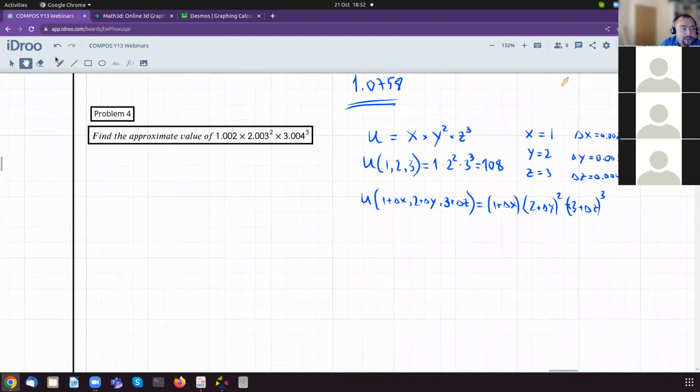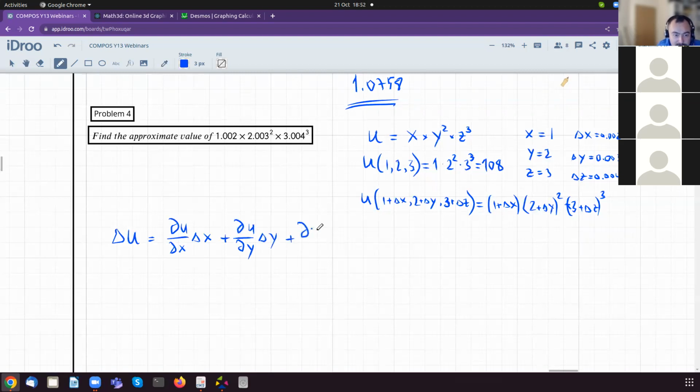We use the formula that delta u is equal to du dx delta x plus du dy delta y plus du dz delta z.